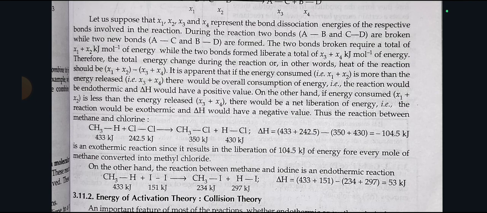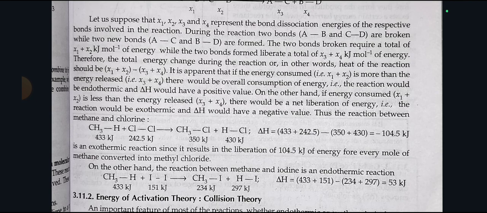Thus, the reaction between methane and chlorine, CH3-H (433 kilojoule) plus Cl-Cl (242.5 kilojoule) gives CH3-Cl (350 kilojoule) plus H-Cl (430 kilojoule).